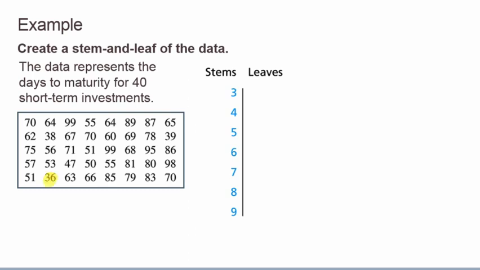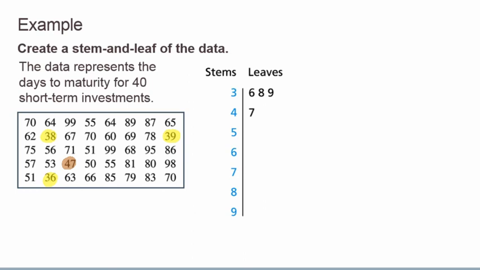I have 36, 38, and 39. Putting those in numerical order, I get 6, 8, and 9. Next, I'm going to move to my 40s, which is 47. So I just write 7. I'm keeping my columns lined up so that I can easily see my greatest and lowest frequencies.